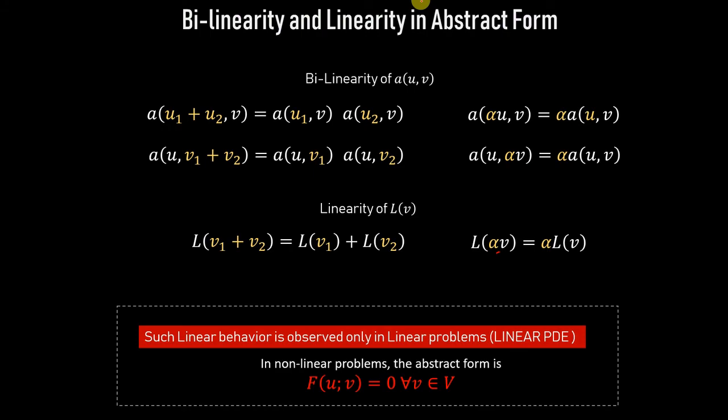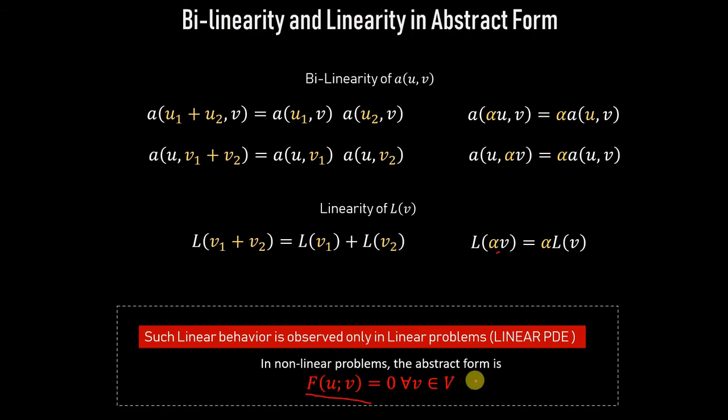One thing that we want to clear at this point is that this form, A(u, v) equals L(v) for all v in V, is only obtainable for a specific class of problems, or linear problems. But if your differential equation or partial differential equation is non-linear, then you won't be getting this kind of form.